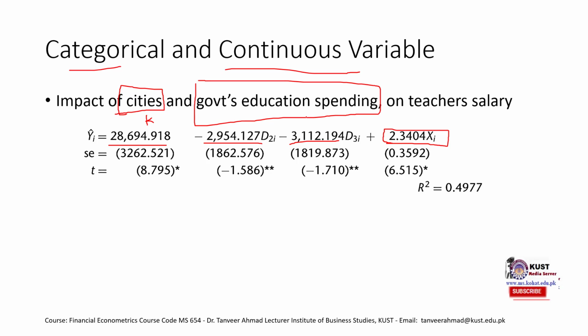Or let me repeat it in a simple way. For every $1 increase in spending by government on education, no matter in what city the teacher is, their salary would increase by $2.34 or rupees. This is how we would interpret it.